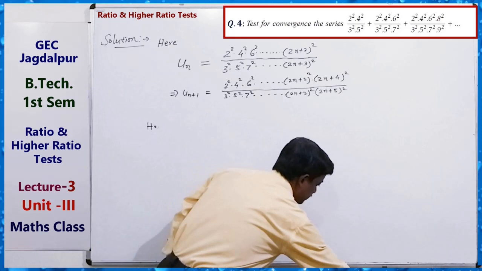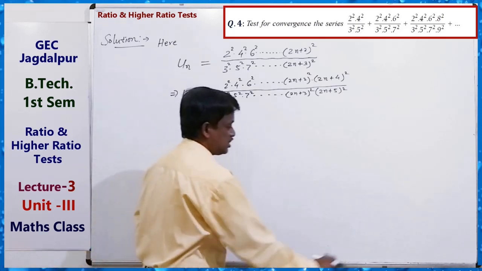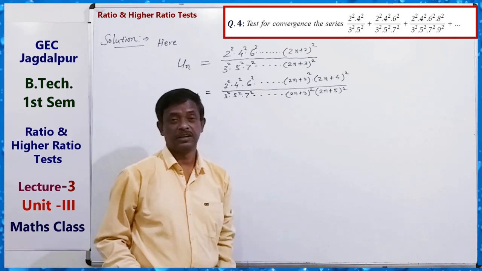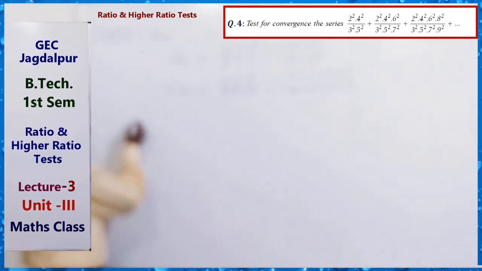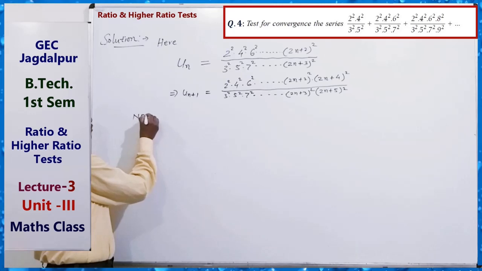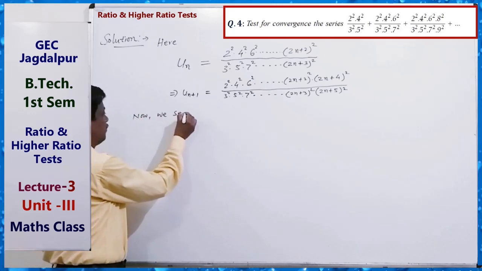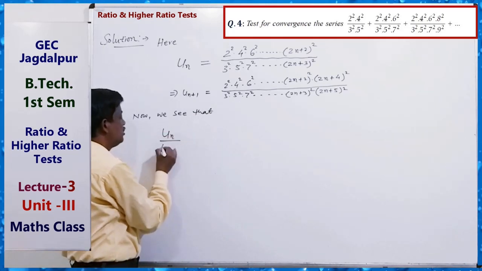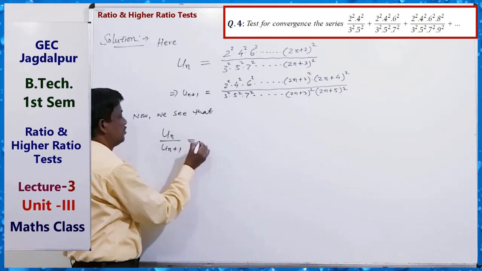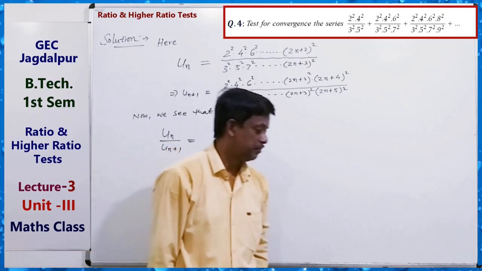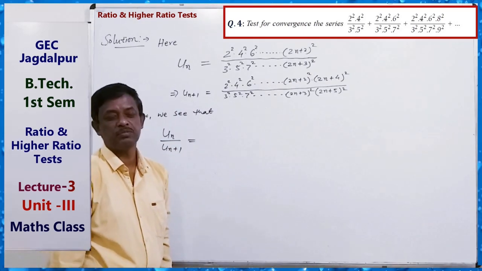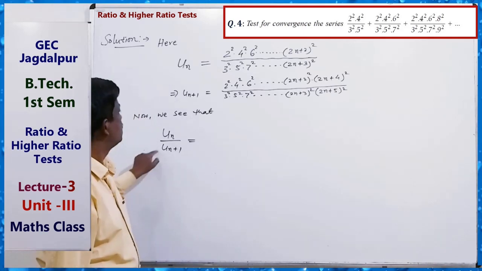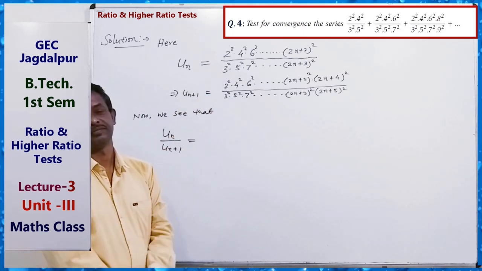Now we see the ratio test. This is multiplication, so using the ratio test we can get the ratio. Now we see un upon un plus 1. What may be the value? Because this upon this means this divided by this.